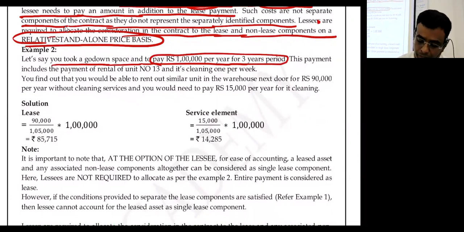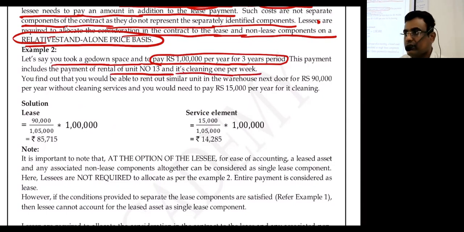Lease period is 3 years. This payment includes payment of rent for unit number 13 and cleaning once per week. I pay 1 lakh rupees for the purpose of occupying a space, plus cleaning. I hope you are clear.